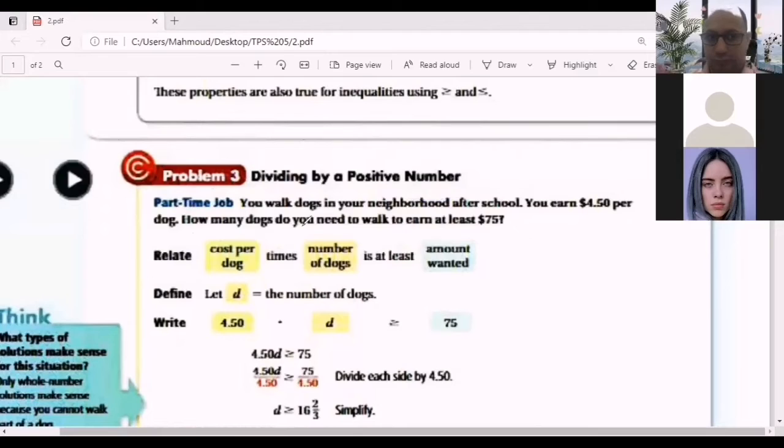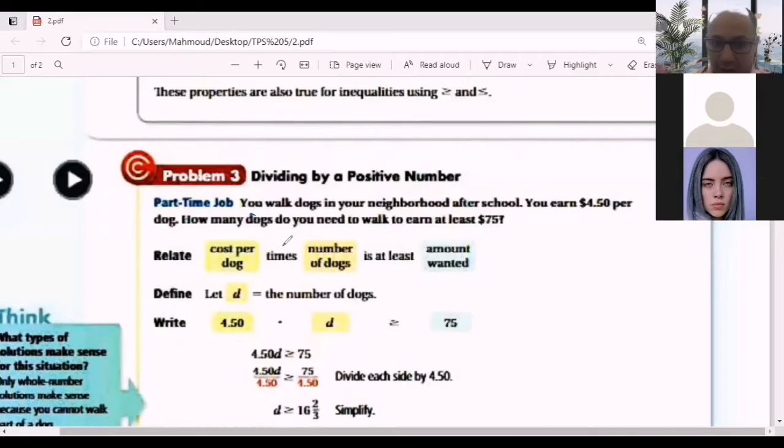You walk dogs in your neighborhood after school. You earn $4.50 per dog. How many dogs do you need to walk to earn at least $75? Okay, now we will write the given data found in this problem. After that, we will write all the steps.